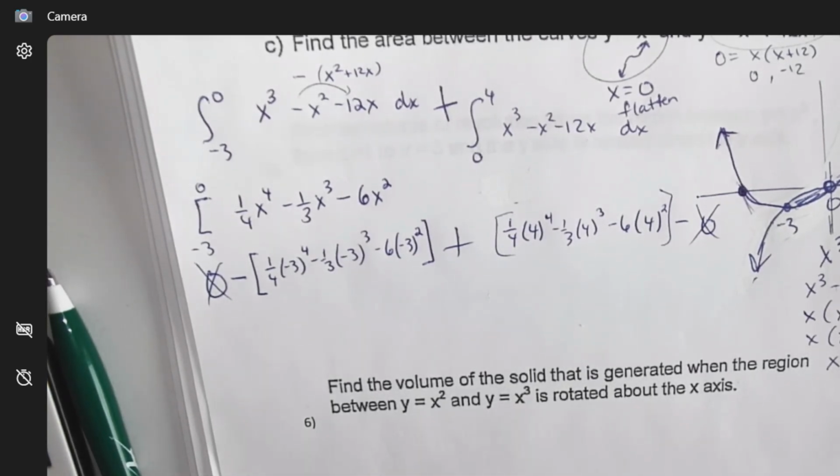Oh, this one gets a big calculator. Yeah, I'm shortcutting this. You guys don't get to.